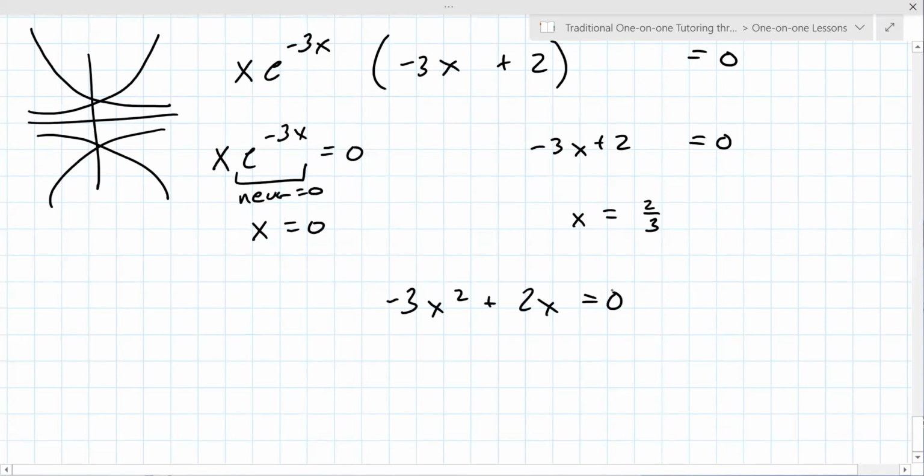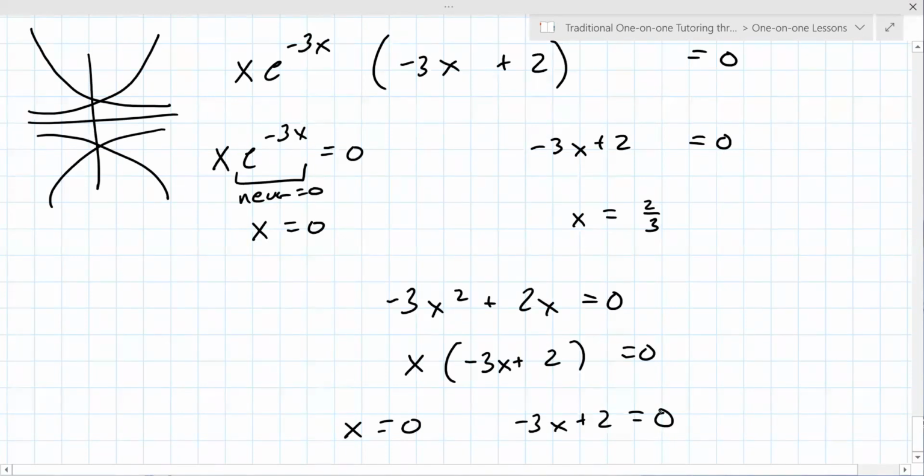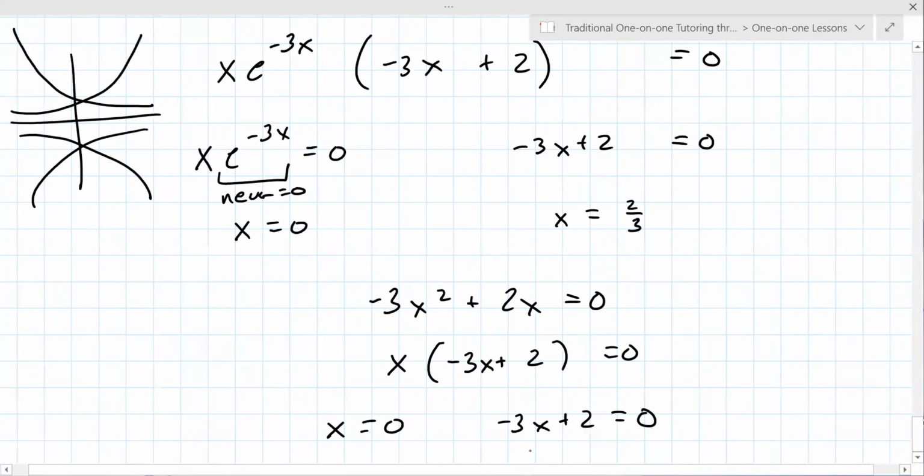You would factor an x out and get minus 3x plus 2 equals 0, and then you would set each of those equal to 0. x equals 0, minus 3x plus 2 equals 0. And that gives you the same two values: x equals 2/3, and the other one is x equals 0.